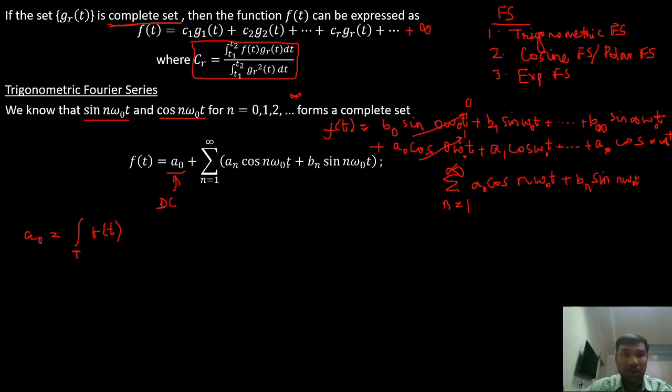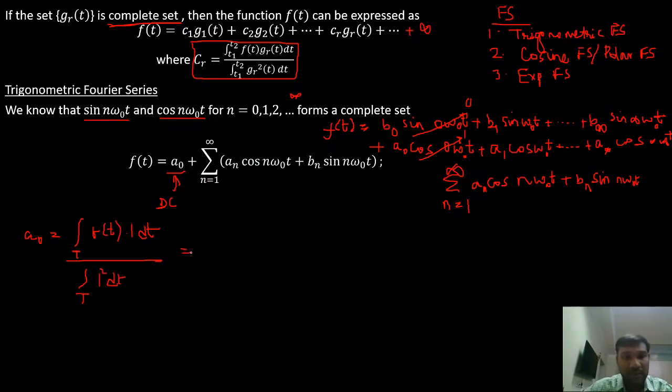Cos n omega naught t, right? For a naught, n is equal to 0, so this is equal to 1. So 1 dt, divided by a single time period, gn square, which is nothing but 1 square dt.